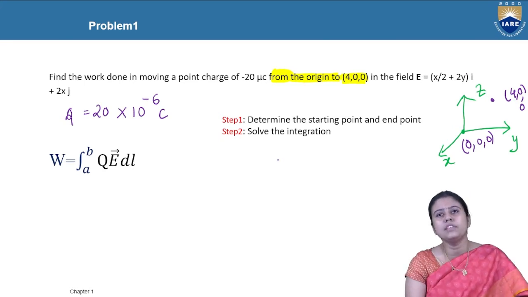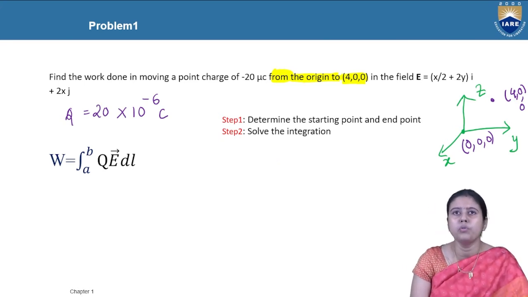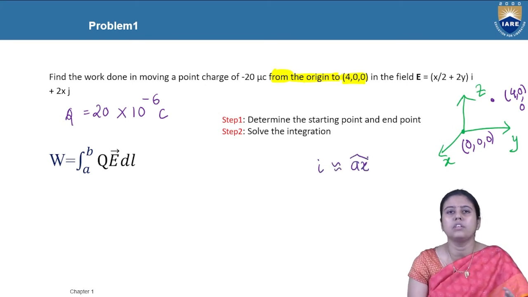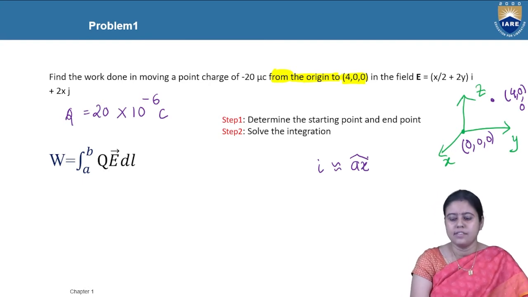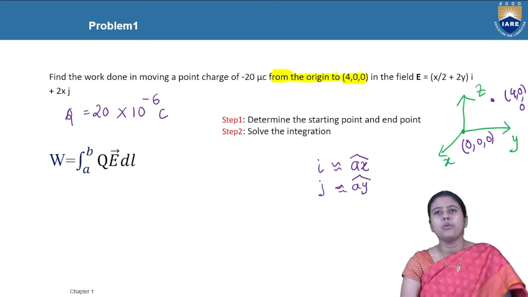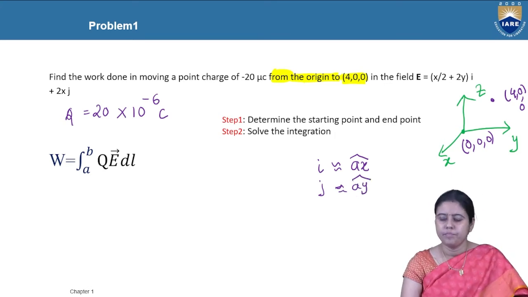In my old lecture on YouTube, you can find that i is similar to ax, the vector with respect to the x axis. And what is j? j is similar to ay. These both are actually similar.